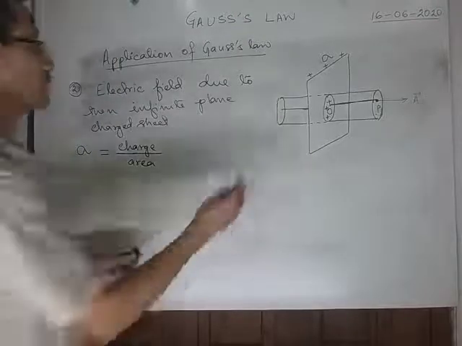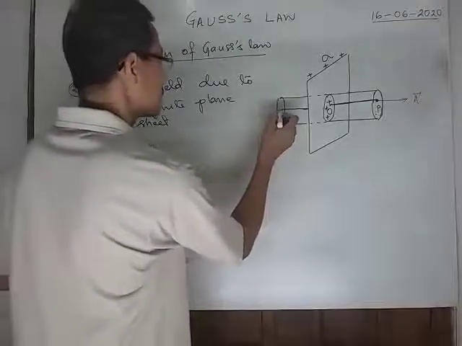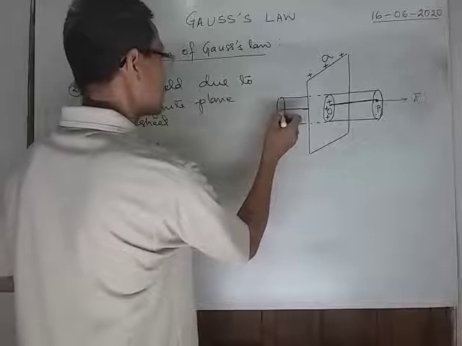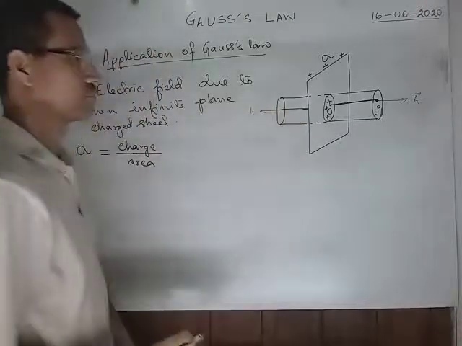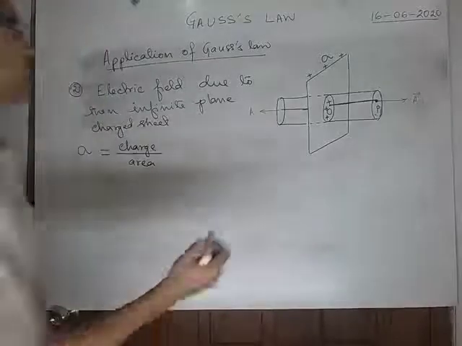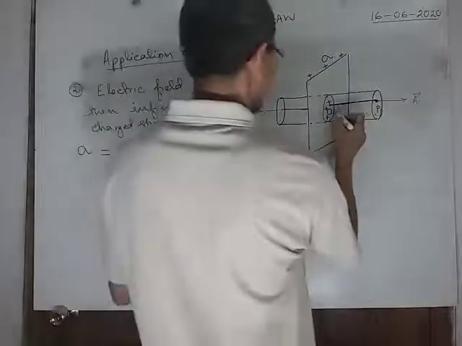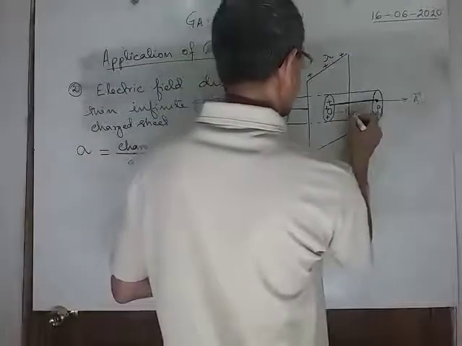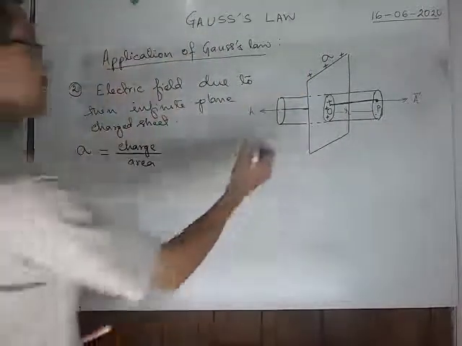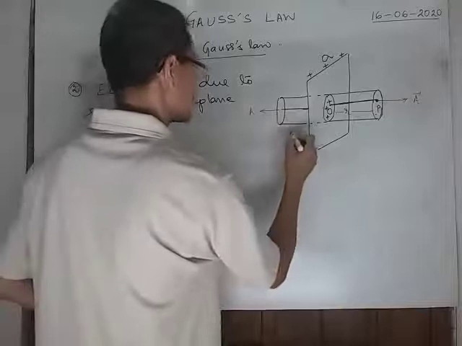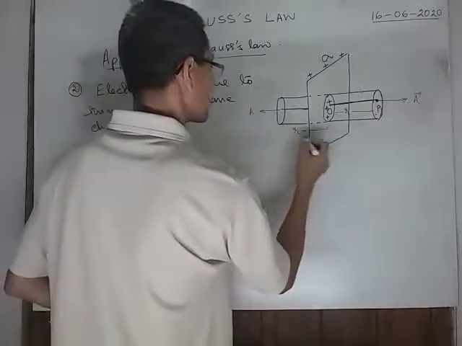This is also along this A, and this distance is small r, on this side also small r, from somewhere here.